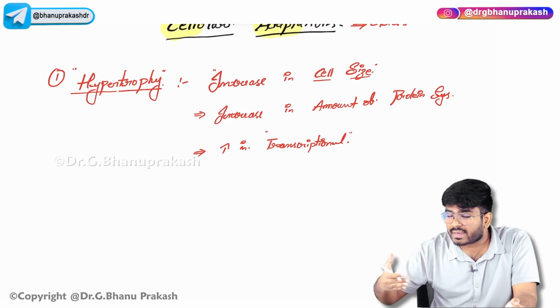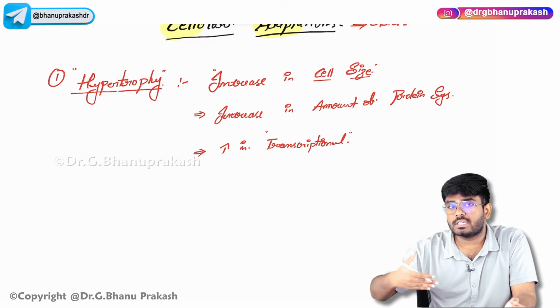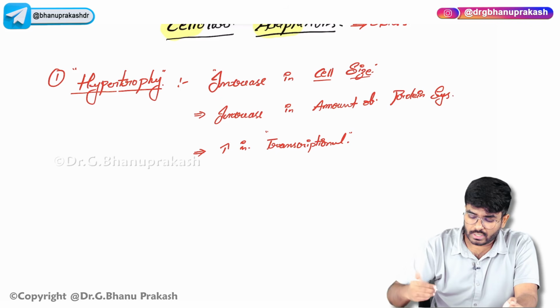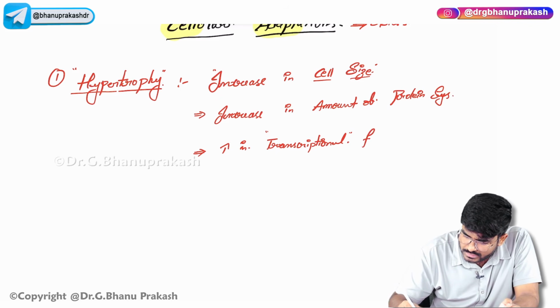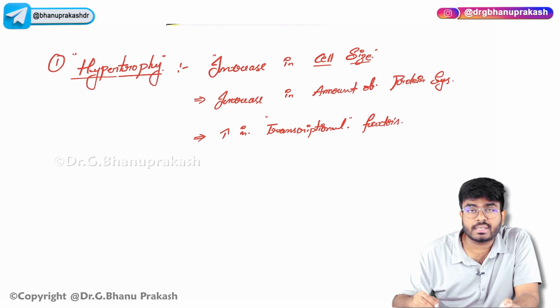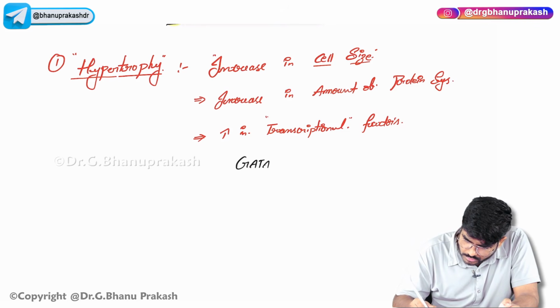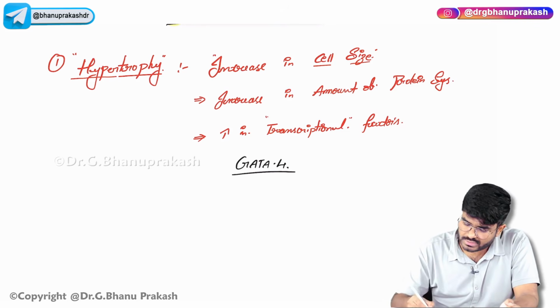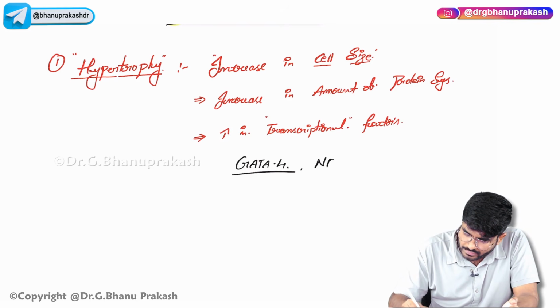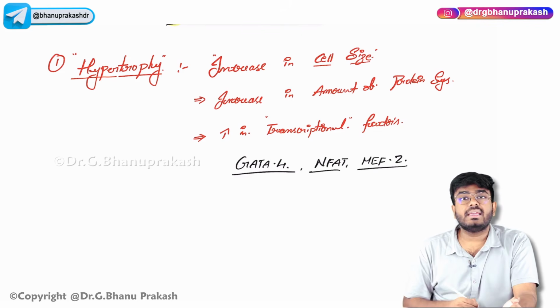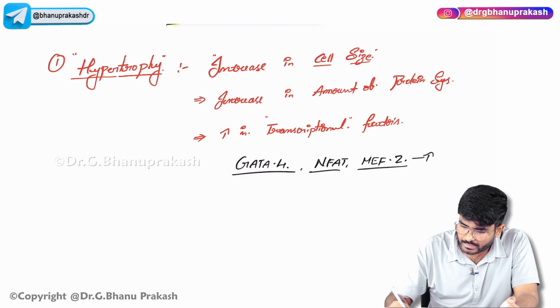So those factors involved in the process of transcription are increased. Examples of transcriptional factors increased in a cell undergoing hypertrophy are GATA4, NFAT, and MEF2. All these are transcriptional factors, and their levels are going to be elevated.